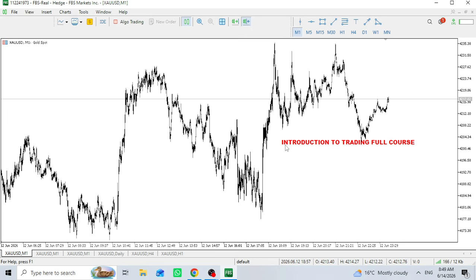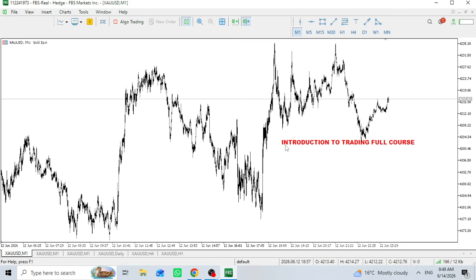Number two, you will need someone we call a broker. Now there is market and there is broker. Market is the real liquidity, where the money is. The money we are trying to buy and sell is in the market.